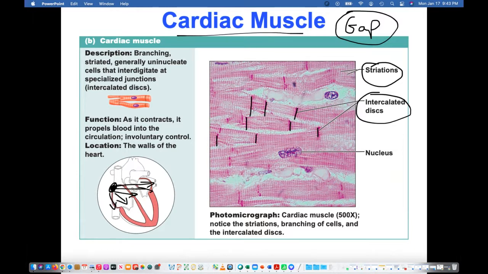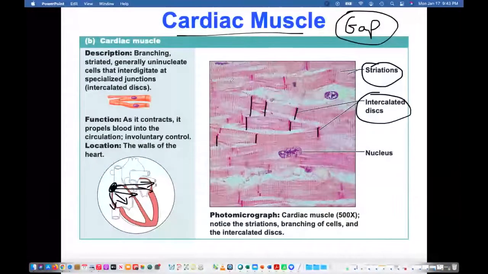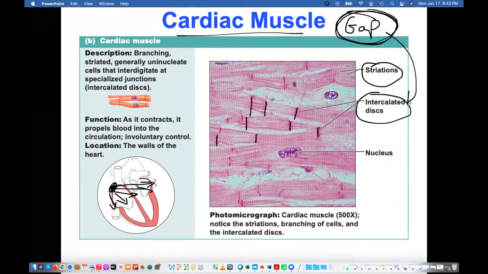But every single heart cell must get that electrical impulse at the exact same time, so it has to spread very rapidly from this heart cell to this heart cell, or from this heart cell to this heart cell. And it does so because of these gap junctions. They are found where these intercalated discs are.